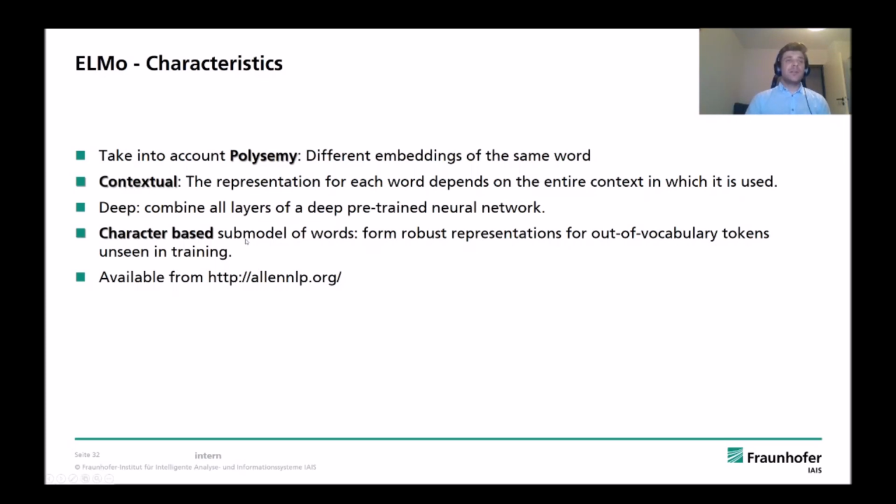It is often used with character-based submodels of words, so for example byte-pair embeddings, and it is also freely available from AllenNLP. And I'd recommend you to check out allennlp.org because they also have this website in which you can check out different methods from natural language processing, natural language understanding, in the English language.